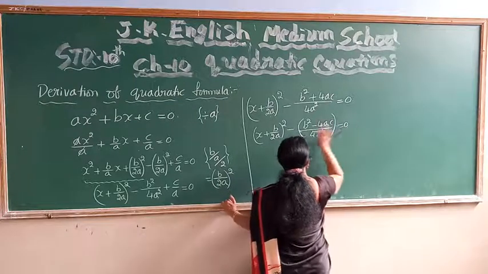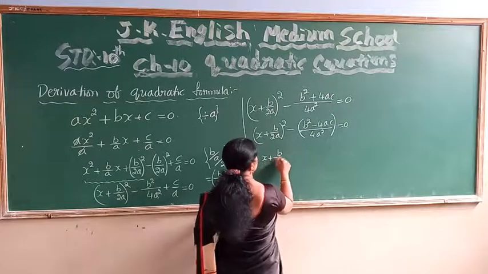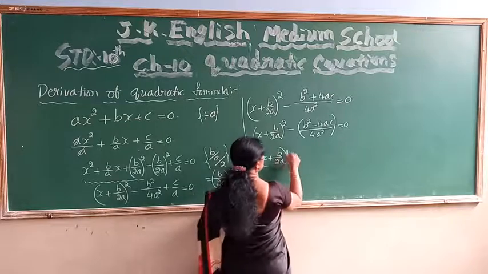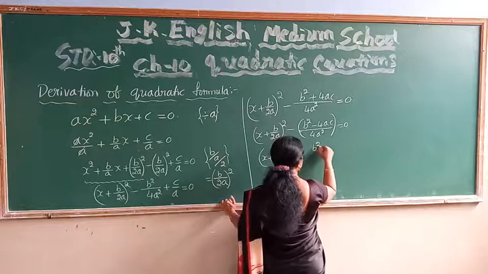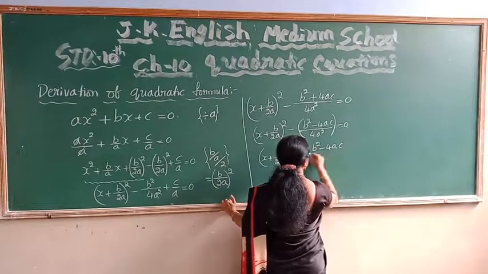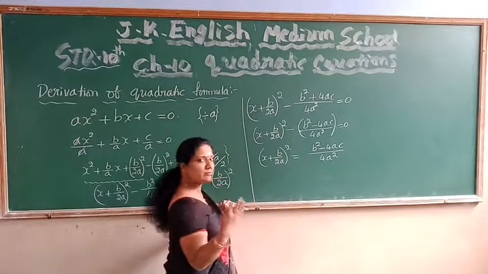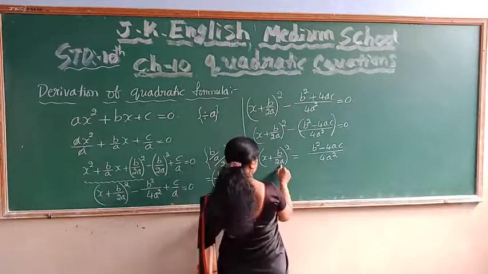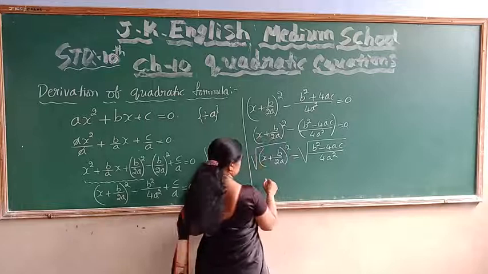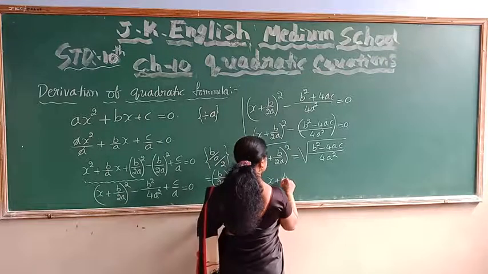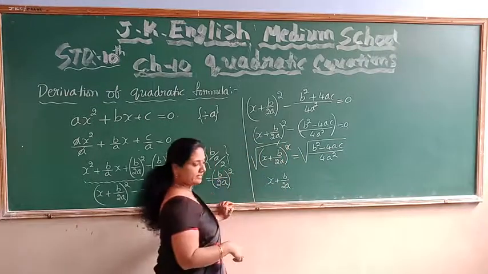So this whole term is equal to b square minus 4ac divided by 4a square. If I apply the square root symbol to both sides, it becomes, children, x plus b by 2a, because the square and the square root symbol get cancelled.